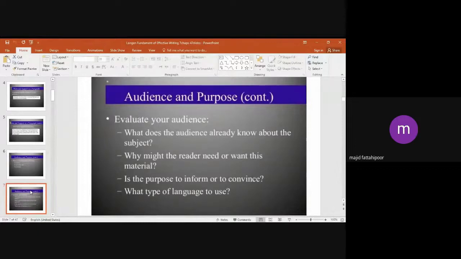The need for entertainment is also one type of need, okay? So it can be counted, I mean, the need for entertainment. But when it comes to persuasion or informing, we need to be more focused about that, more careful.